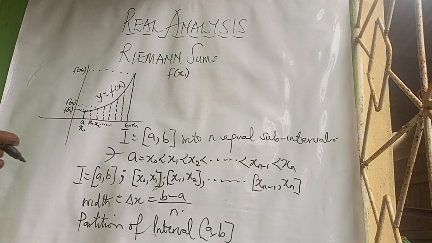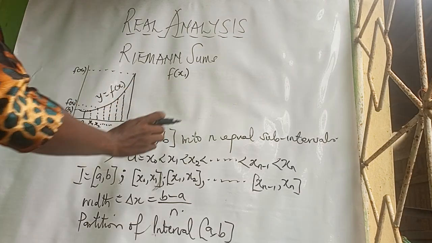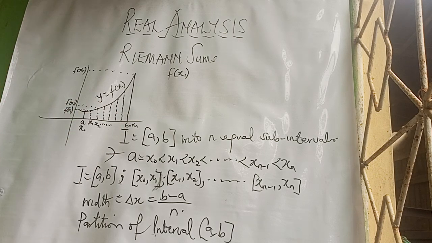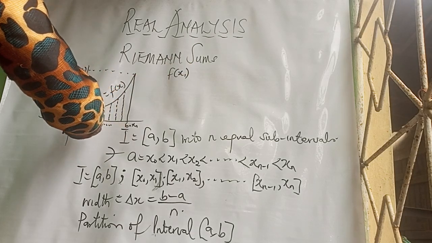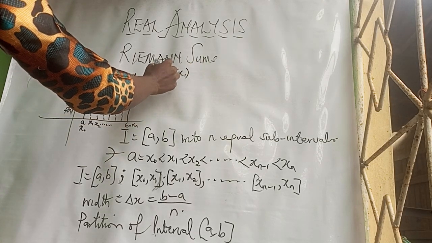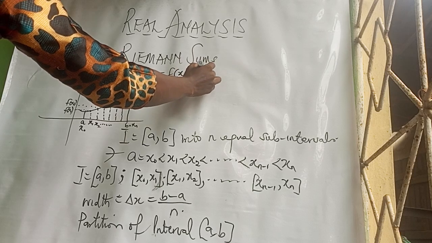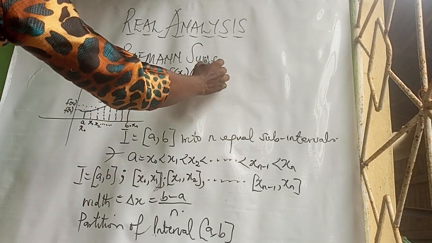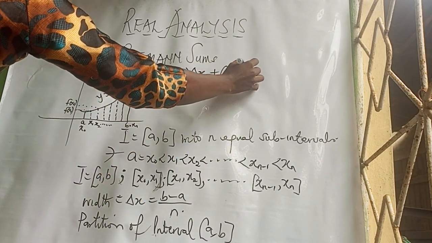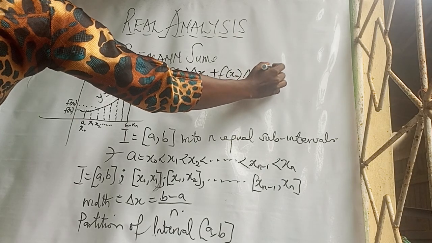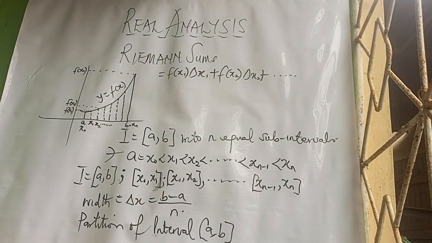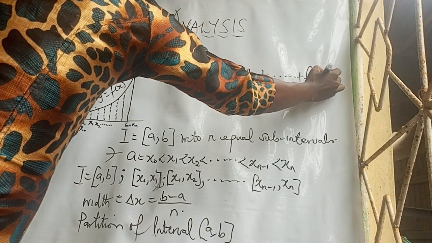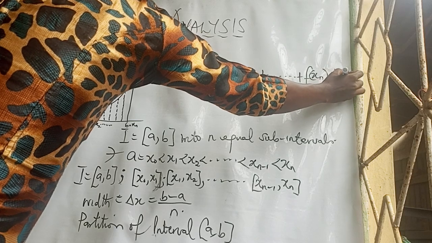Remember, we have said that we are dividing it into equal subintervals, which tells us that the width of each of the rectangles is the same. So I have this to be approximately equal to f of x1 delta x1, that's the width of the first interval, plus f of x2 delta x2, plus down to f of x sub n delta x sub n.